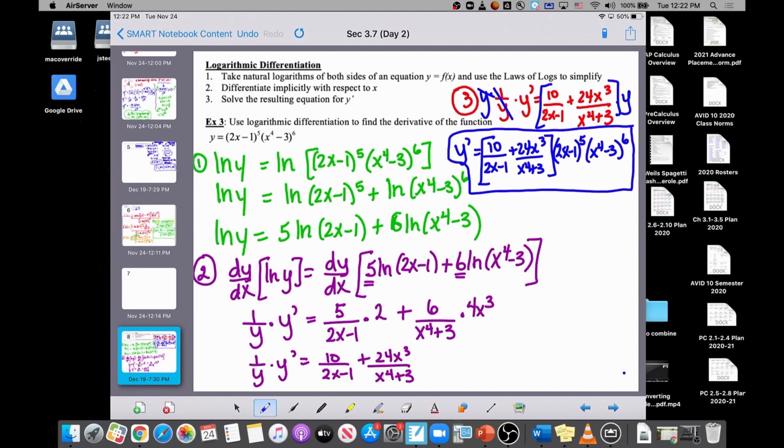And there is the y prime using logarithmic differentiation.